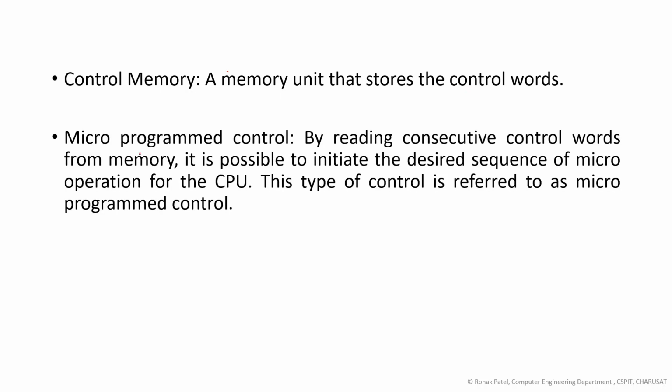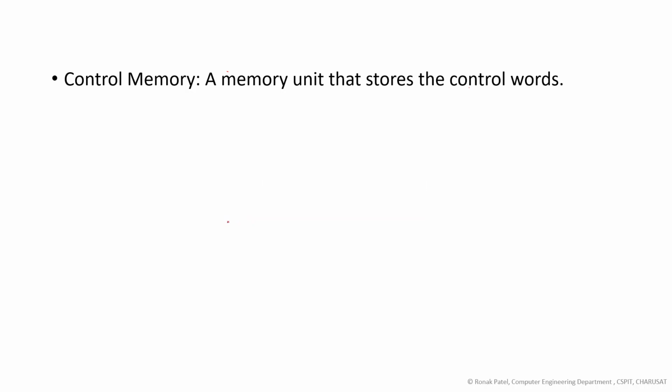That is called microprogram control. By reading consecutive control words from the control memory, it is possible to initiate the desired sequence of microoperations for the CPU. This type of control is referred to as microprogrammed control.